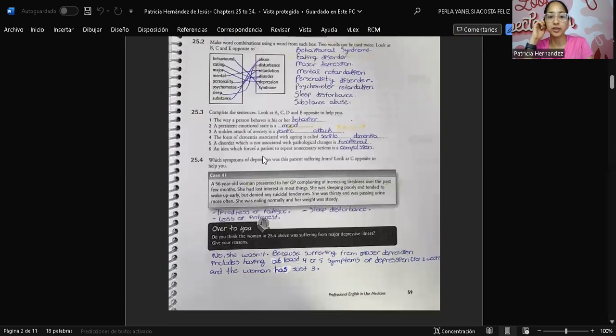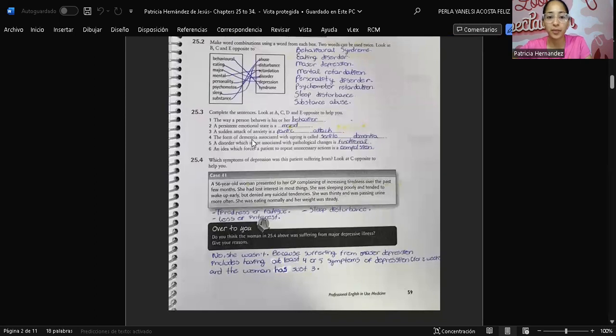Okay, 25.3. Complete the sentences. Look at A, C, D, and E opposite to help you. Number 1, the way a person behaves is his or her behavior. Number 2, a persistent emotional state is a mood. A sudden attack of anxiety is a panic attack.